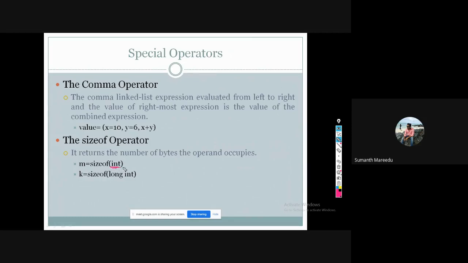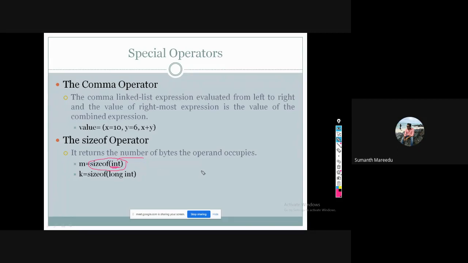This will return how many bytes are actually occupied for an integer on that particular machine, where you are executing, whether it is allocating 2 bytes or 4 bytes or 8 bytes. That byte number will be returned.